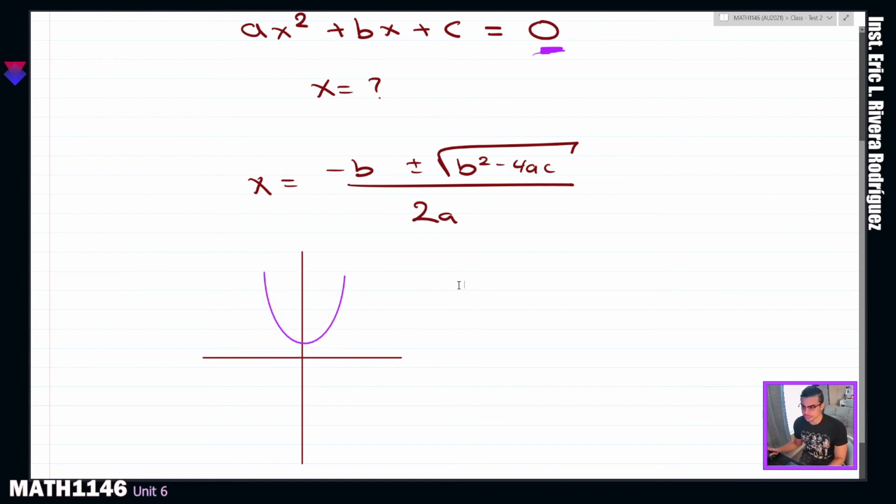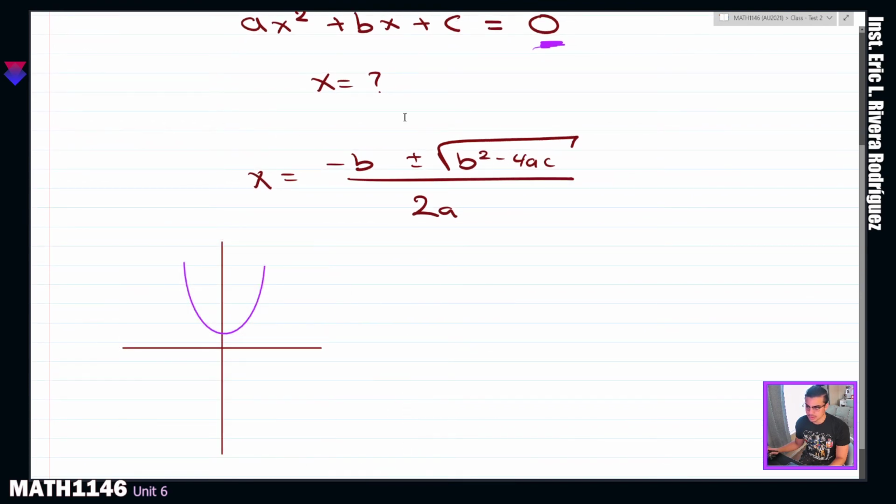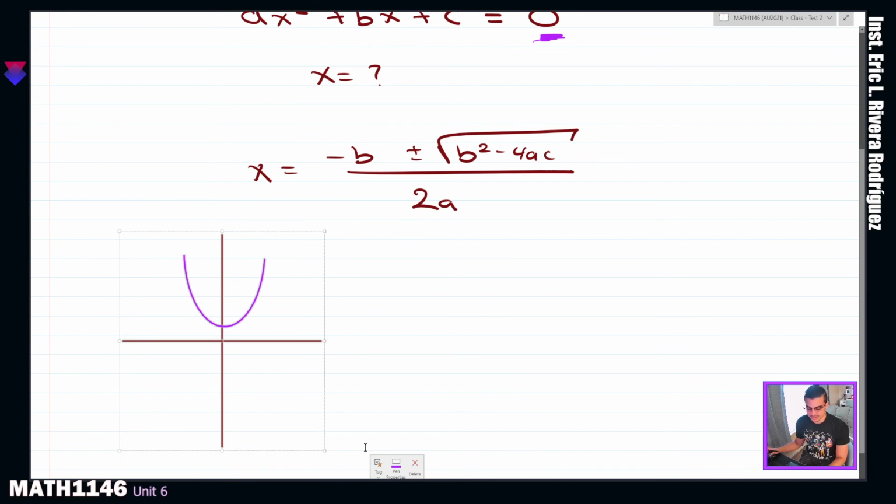You can determine without looking at the graph, by the quadratic formula, how many x-intercepts, or real x-intercepts, you are going to have.